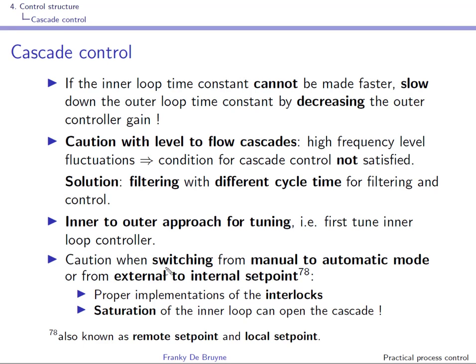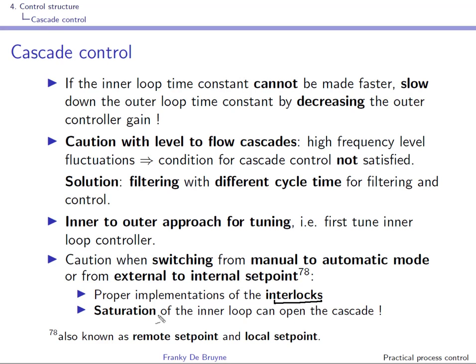It's very important to see that if you're switching in the internal loop from manual to automatic mode and back, or from external to internal setpoint and back, you can expect problems if your implementation of the interlocks is not done properly. For instance, if you're in manual mode with the internal loop, the cascade is broken, so you have to lock the outer controller.